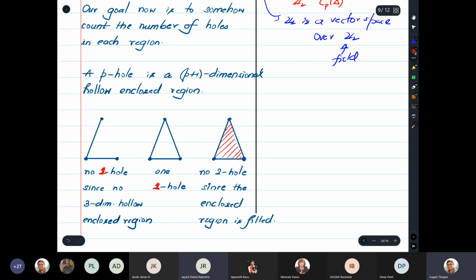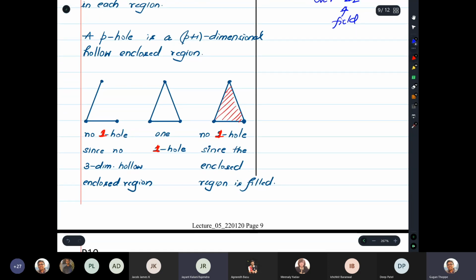These are some notations. When I write one hole, I mean this is a two-dimensional hole. This is some arbitrary way of saying why this is not referred to as a two hole but a one hole. So all these things will become clear. But whenever I say one hole, I mean a two-dimensional hole.